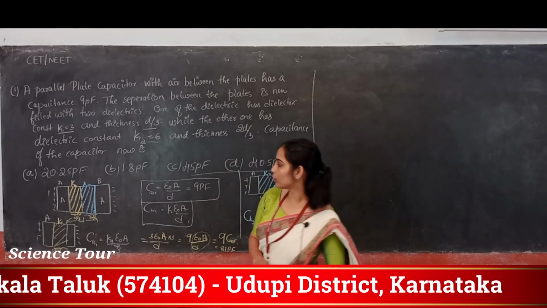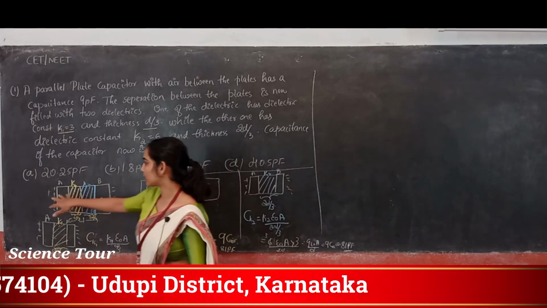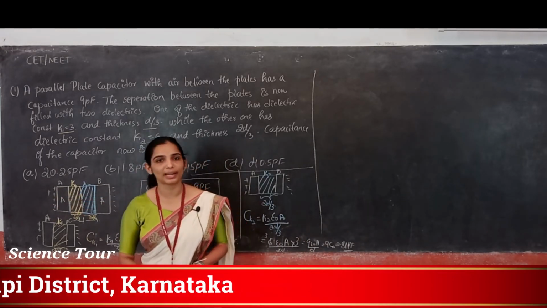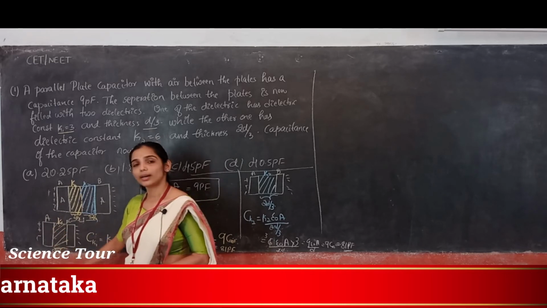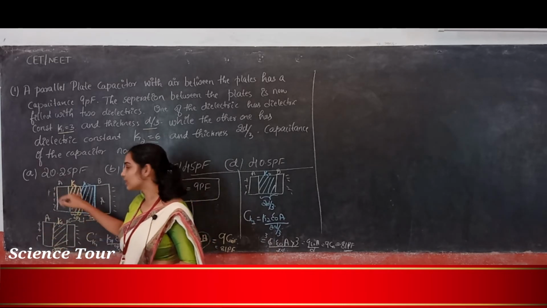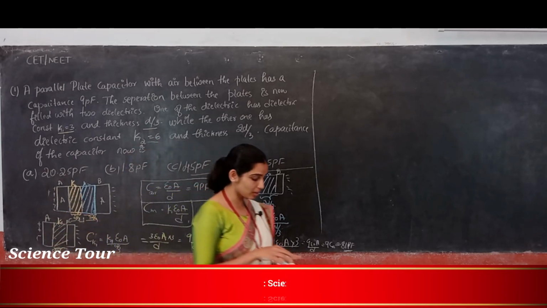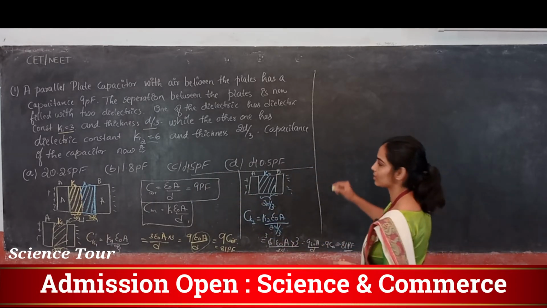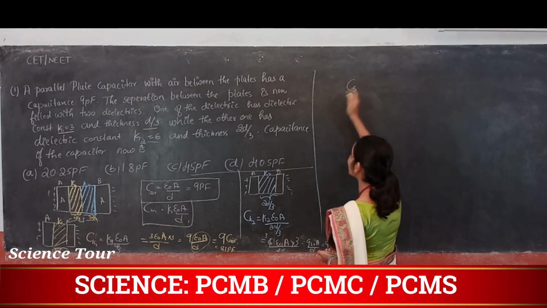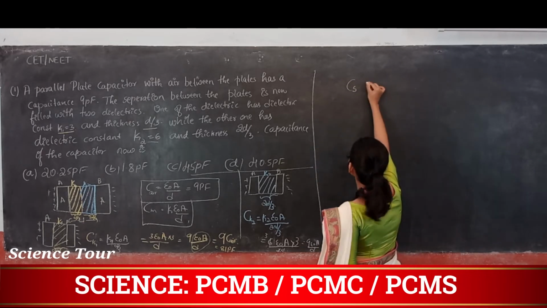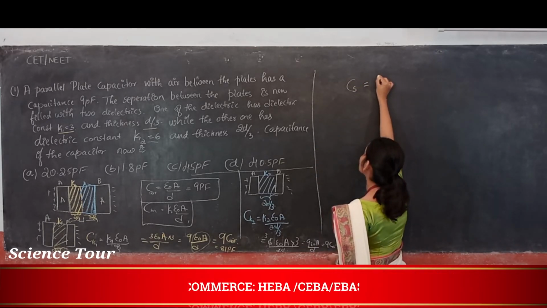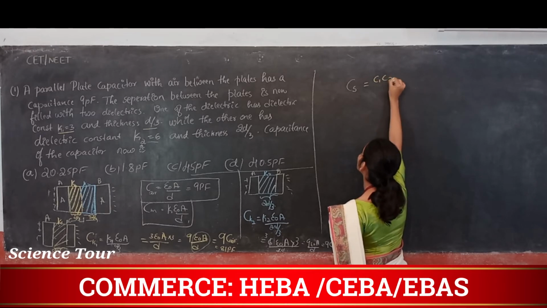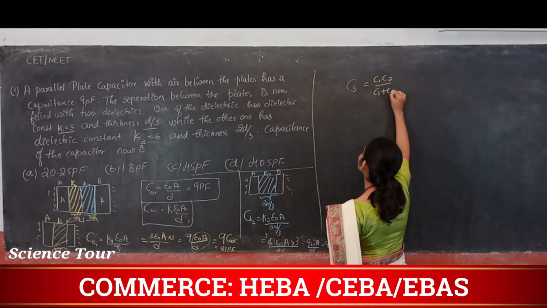Now you have got the capacitance of these two parallel plates in the presence of individual K1 and K2. But according to the question, they are together, and they are in series. So what is the series combination of that capacitance? The series combination is C1 into C2 divided by C1 plus C2.